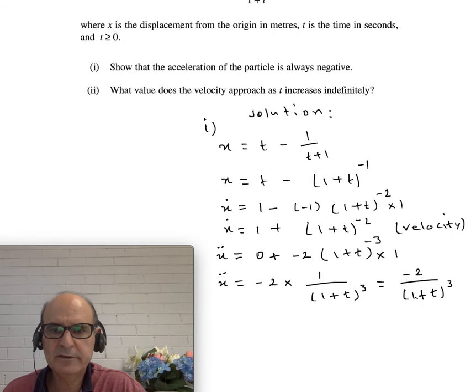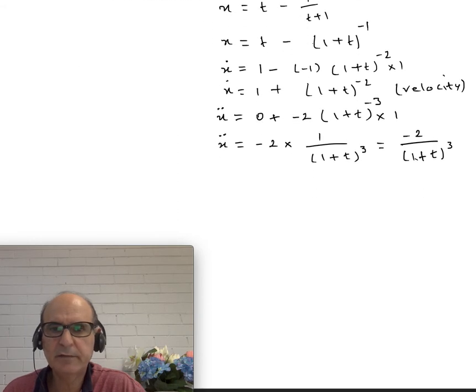Okay, what is this, negative? Yes, it is, because the numerator is always negative and the denominator is positive.